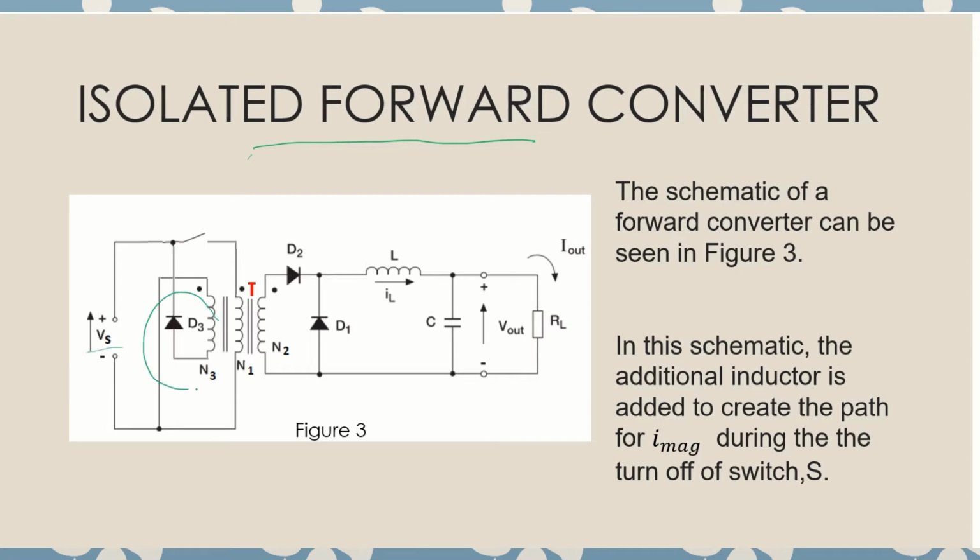These are new: N3, the third inductor winding we just added here, and then we add an additional diode as well. In this schematic, when the switch is off, the current can now flow back out.